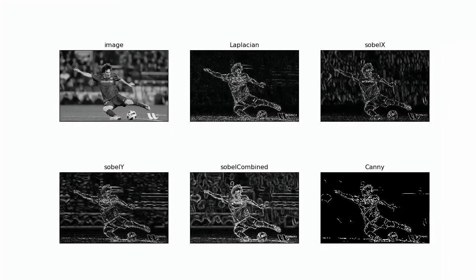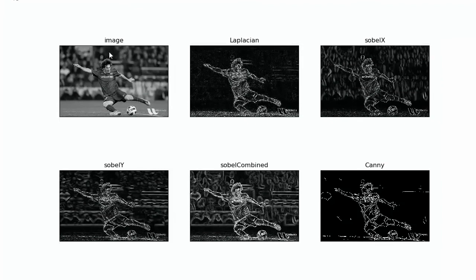You can see all 6 results. This is the original image, this is the result of the Laplacian method, this is the result of Sobel X, this is the result of Sobel Y, and this is the combination of Sobel X and Y. You can see Canny edge detection gives us a result which contains fewer noises.